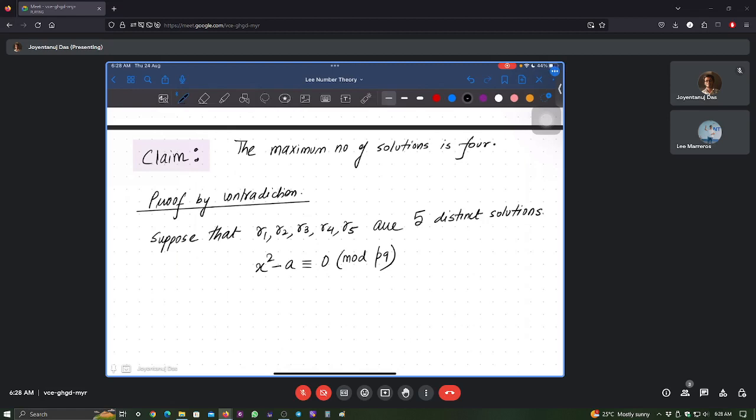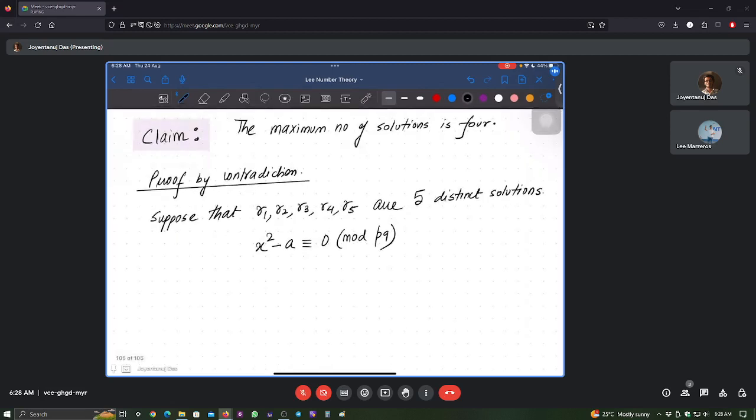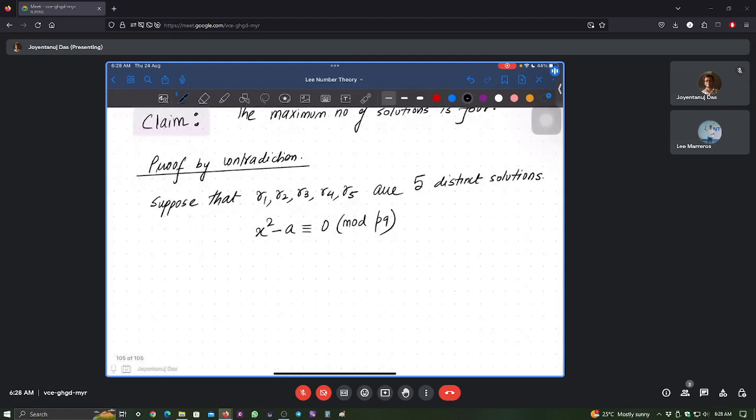So now, since these are solutions to this equation, if I reduce them to mod p, they are also solutions to this equation.